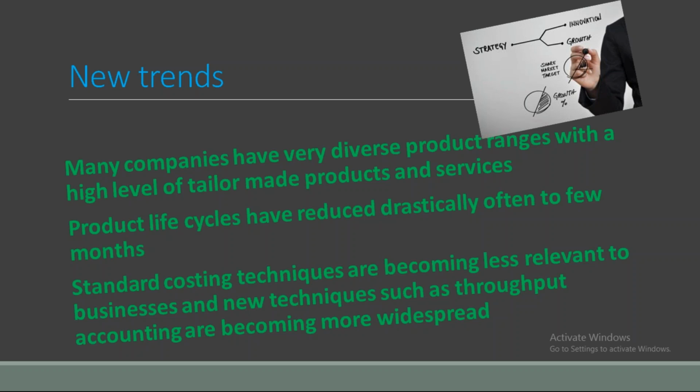We must always look at what the customer wants and continue to produce quality that way. The next point is that it is not cost that is important, quality is important all the time, and you don't produce a standard product, you go on producing a continuously improved product. So standard costing, the old way of doing things, is becoming less relevant, I would say.